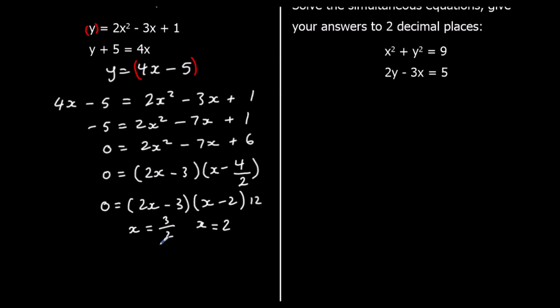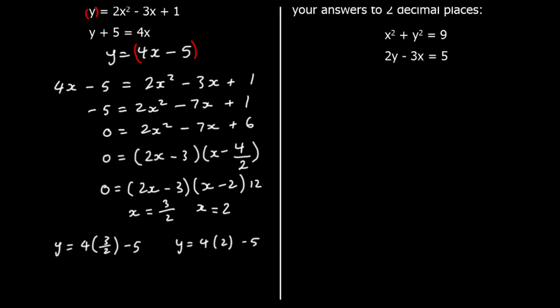So there are two possible values for x, and y is equal to 4x minus 5. So y is 4 times 3 over 2 minus 5, or y is 4 times 2 minus 5. So 4 times 3 over 2, 4 times 1.5 is 6.